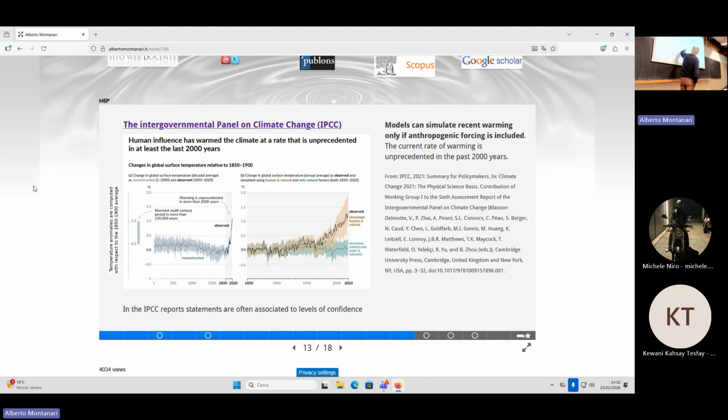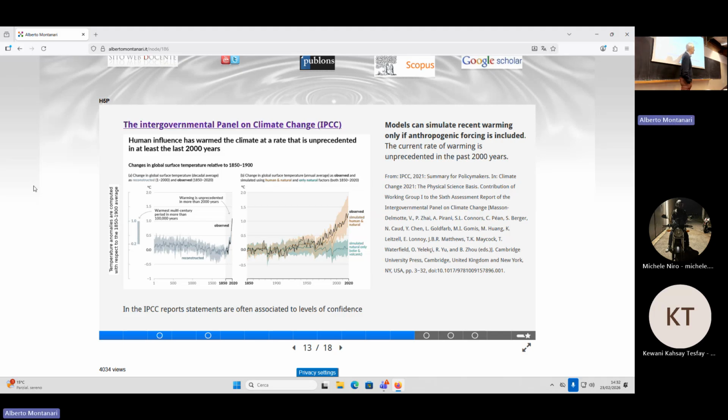The lower reconstruction, the one that looks flat, is simulated by models without accounting for CO2 emissions by human activities. So if we don't plug into the models the CO2 emitted by humans, we get a flat simulation, which does not reproduce the recent warming.